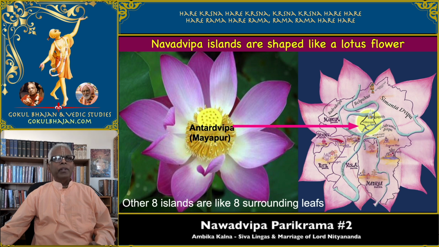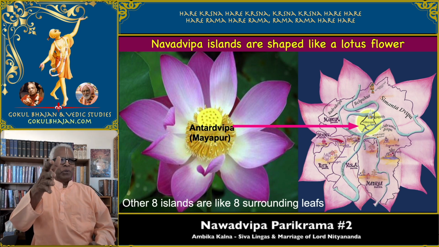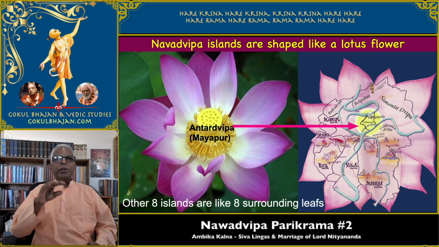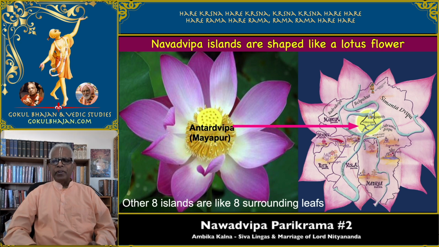If you really see this structure, then you will be able to understand how Vrindavan is really mapping to our Navadvip, because Navadvip is a hidden Vrindavan, a very hidden Vrindavan. So what are those 9 islands?